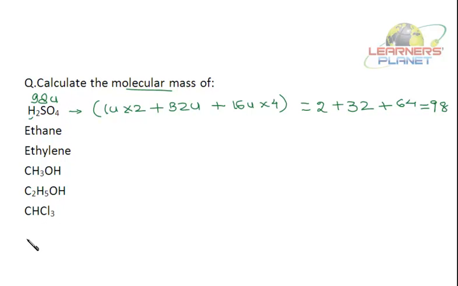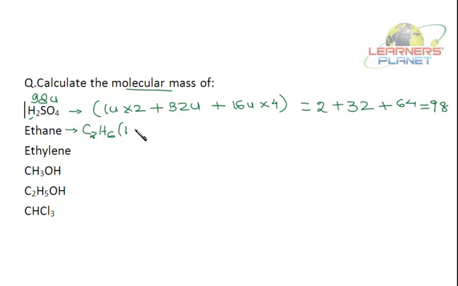Now our next is ethane. What is the formula of ethane? Do you know? The formula of ethane is C2H6. Now quickly find its molecular mass. Pause the session and find out.